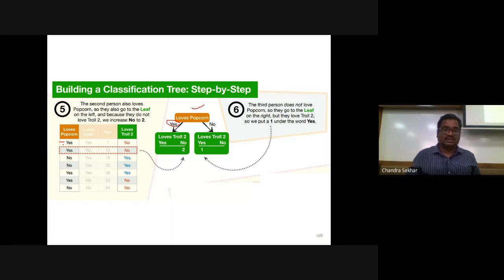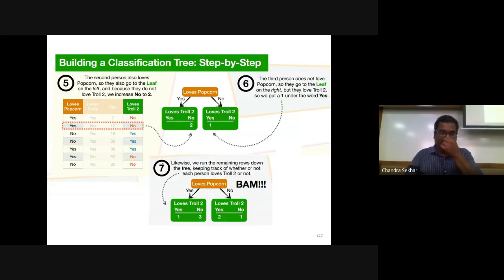This is 1, 2, 3, 4. Yes results into no. Next, yes results into no. Yes results into yes, and yes results into no. Finally, if loves popcorn is chosen, first column, if I choose yes, yes means 1, 2, 3, 4.